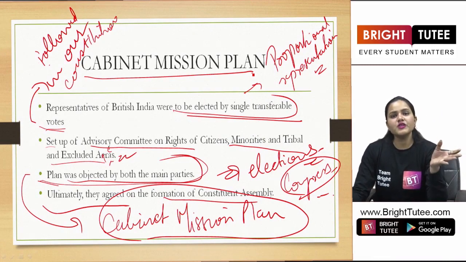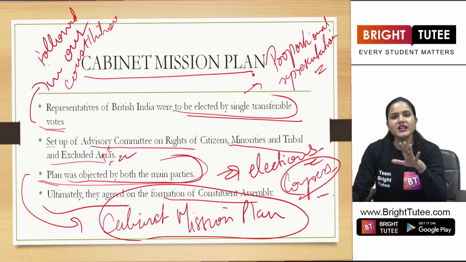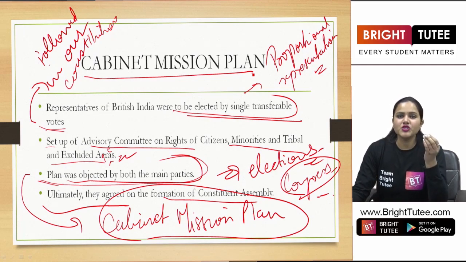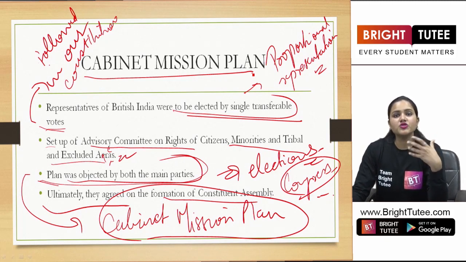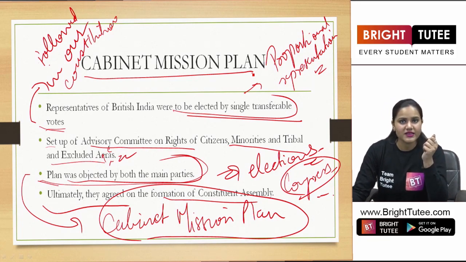Now there are different interpretations about the plan here. We are not going to go into that much detail. You have to just understand the main proposals that were given by the cabinet mission plan, right? They wanted to offer some changes, some reforms, and how the constitution was to be made by the Indians and for the Indians, right?